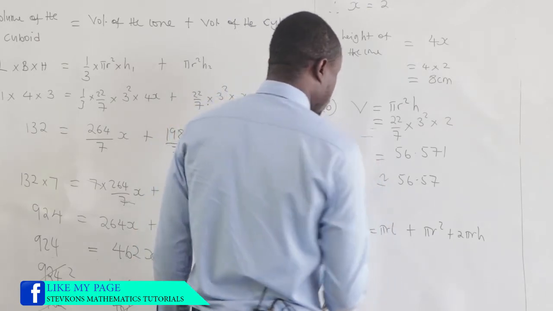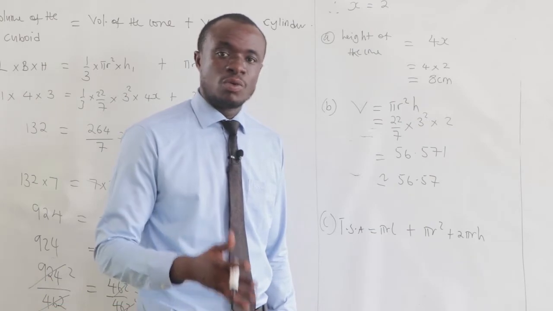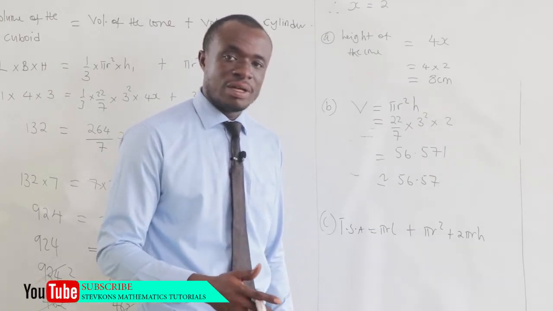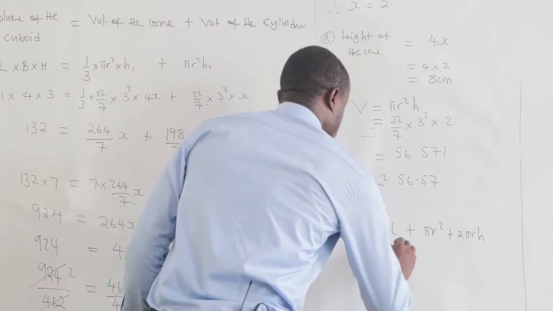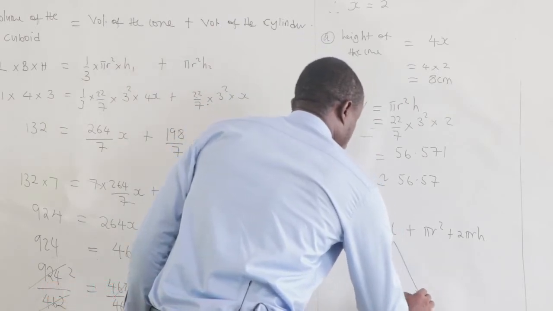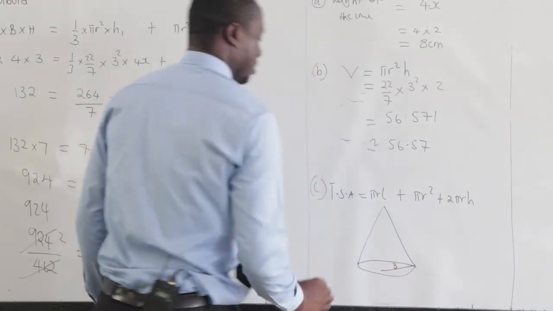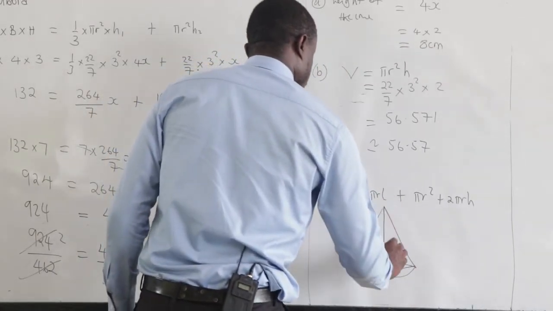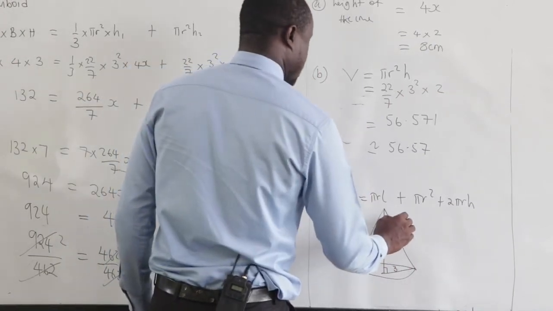Now, from here, do we know our l? We don't know our l. So we have to find the l. Let's consider the cone. Now, with the cone, we know the radius of the cone. That is 3. This is the slant height.